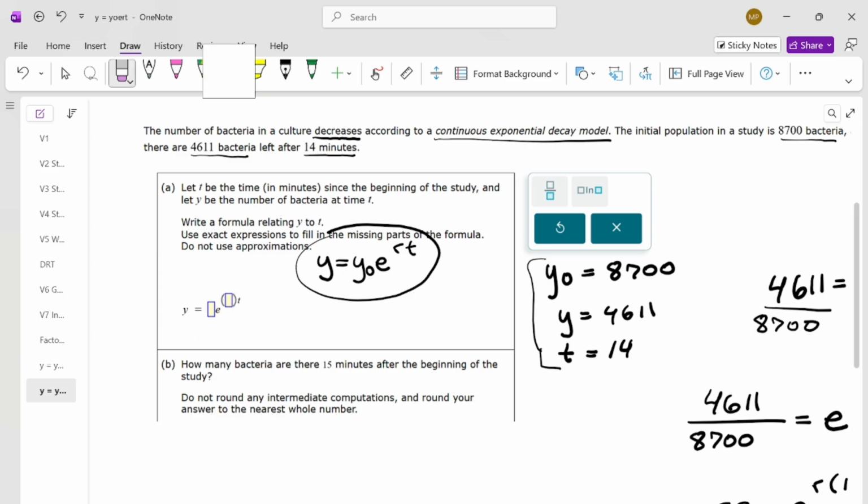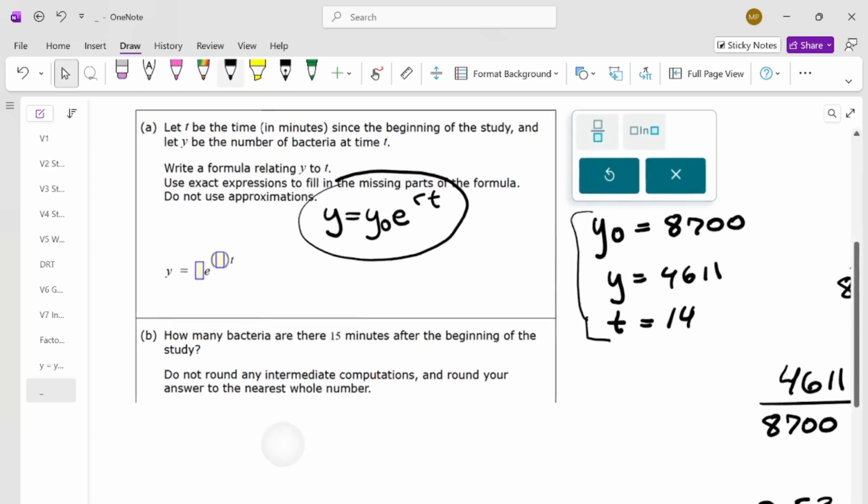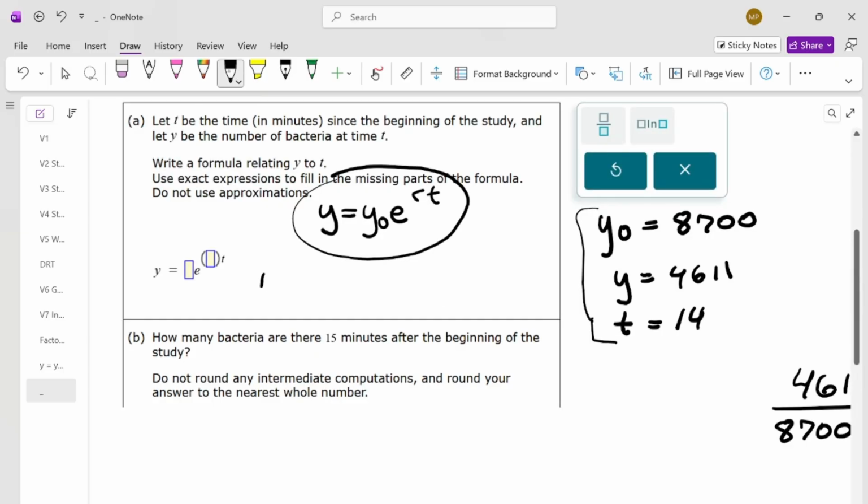So our final answer for part A is y is equal to our initial amount, or I'm sorry, I did that backwards. Our initial amount, which is 8,700, because y sub 0 is our initial amount, times e raised to the rate that we just saw.